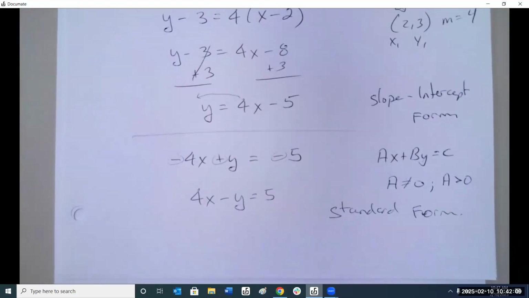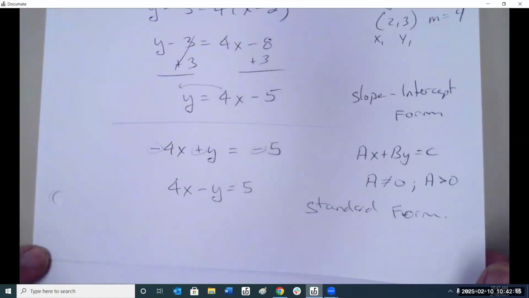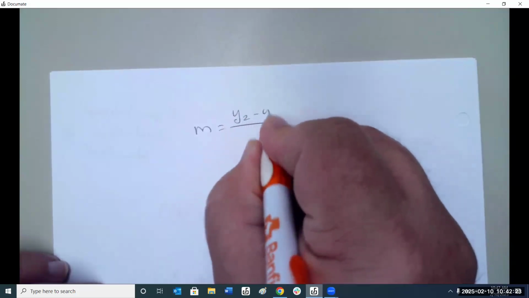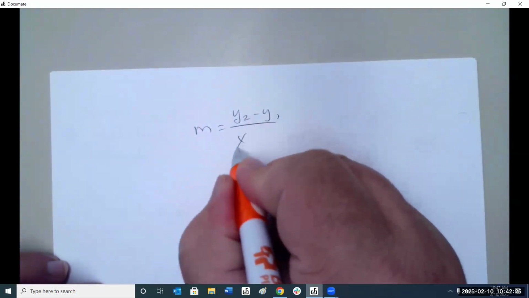What do you think? Now, the last thing we're going to talk about today, well, let me put those three equations we have. We start from the slope.